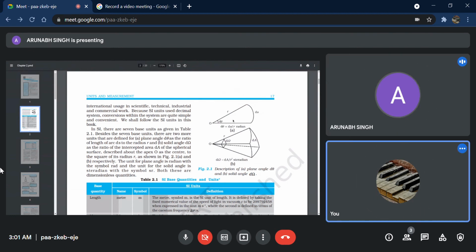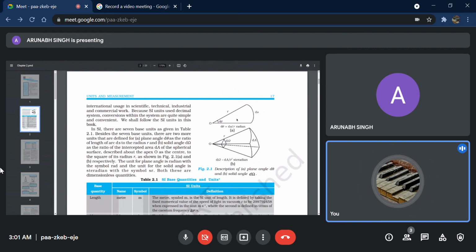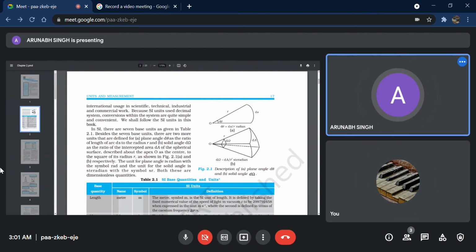Yes, so that way d theta should be equal to ds. d theta is not exactly the numeric length in meters, centimeters, or something like that. It is unitless. That is fine. But suppose this length was two.